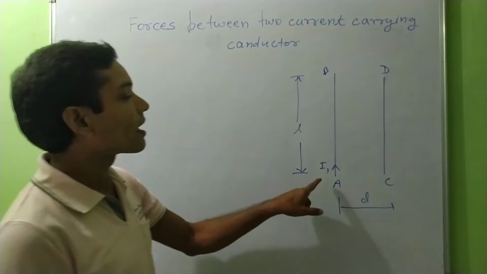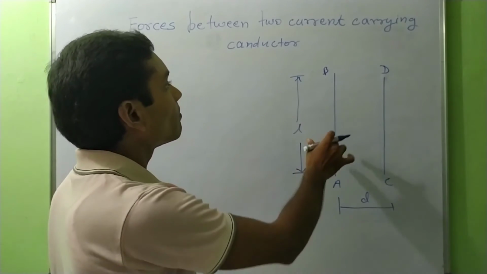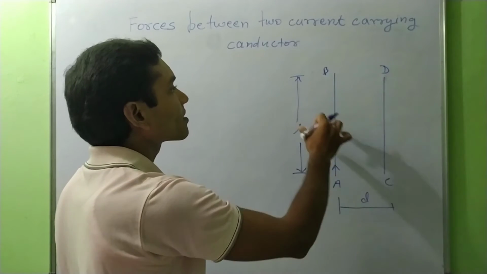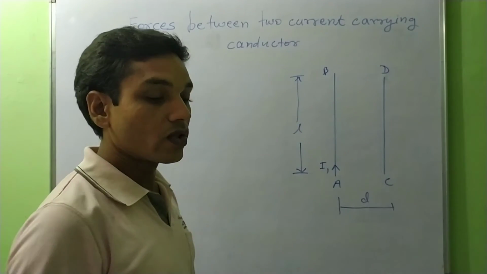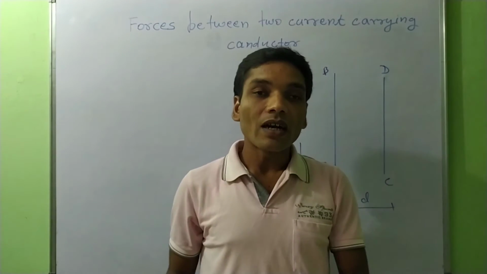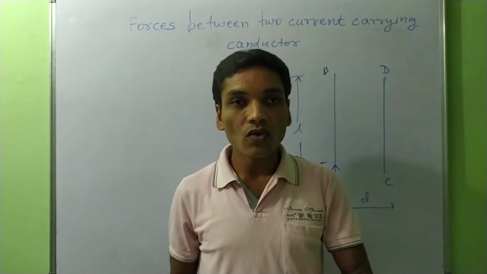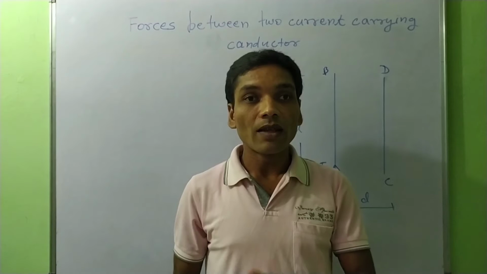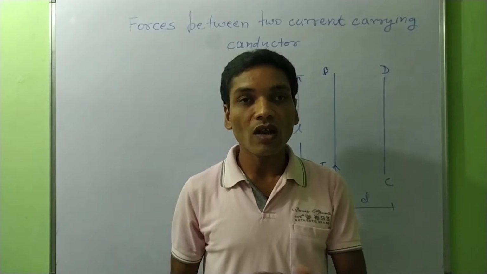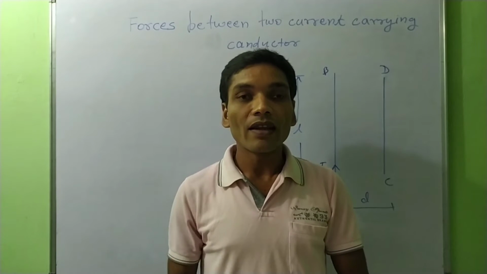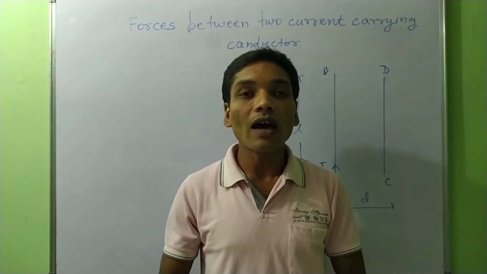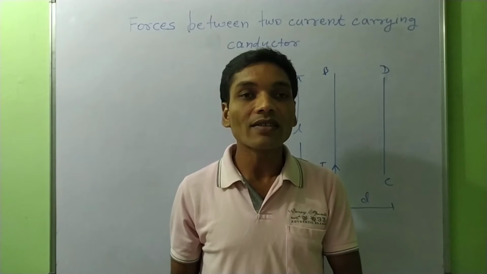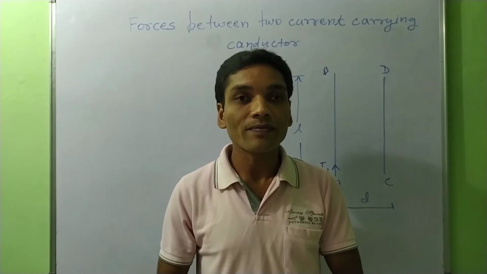Due to this current, a magnetic field will be produced around this conductor. You know that if current flows through any straight long conductor, a magnetic field is produced around it, and the magnetic lines of force are concentric circles around the conductor.